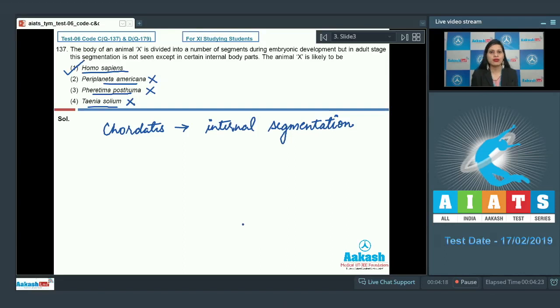Taenia solium belongs to the phylum Platyhelminthes and it exhibits pseudo-segmentation. So the correct answer to this question is option number 1. Let's discuss our next question.